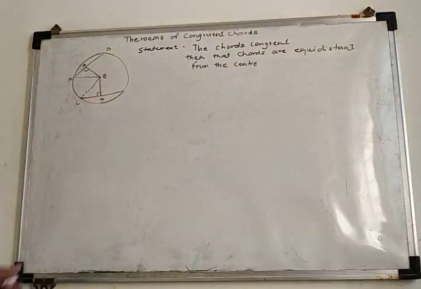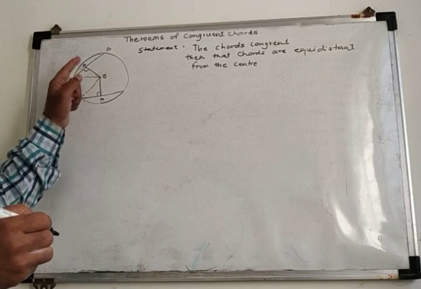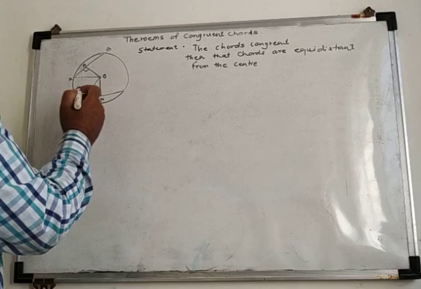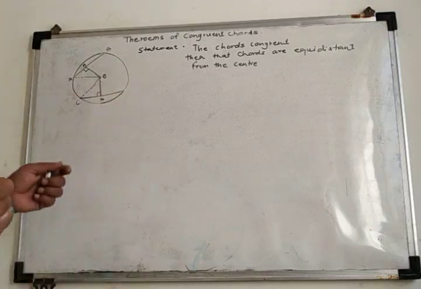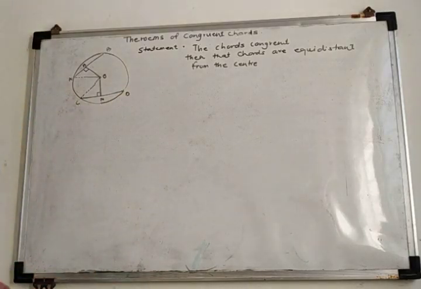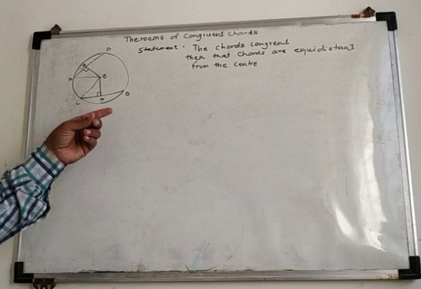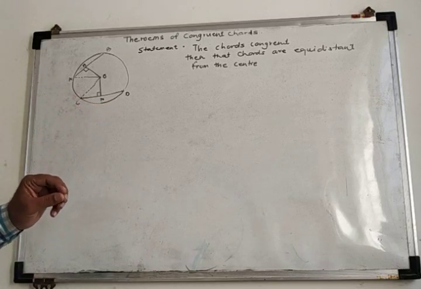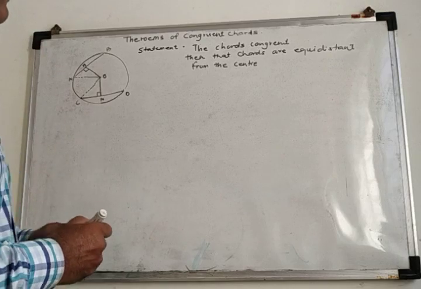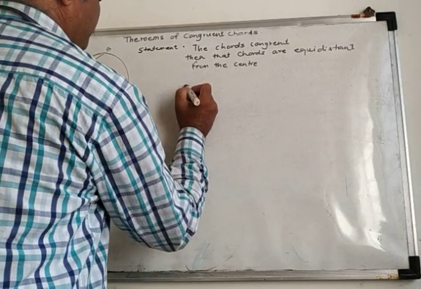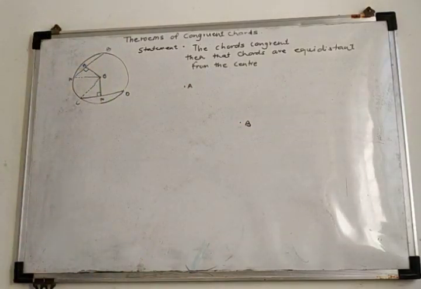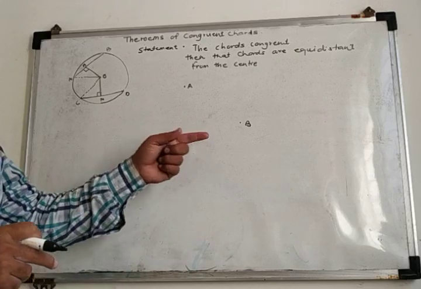You see, boys, for the sake of saving our time, I have drawn this diagram for you. Here O is the center of the circle, and AB and CD are two chords of the circle. If this is the point A and this is the point B, how do you measure the distance between A and B?